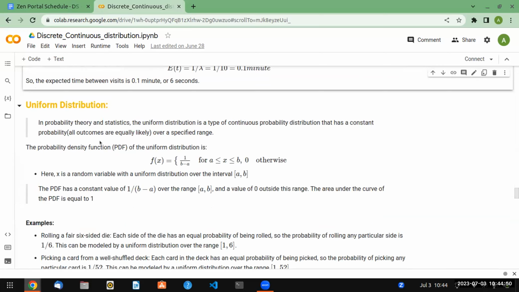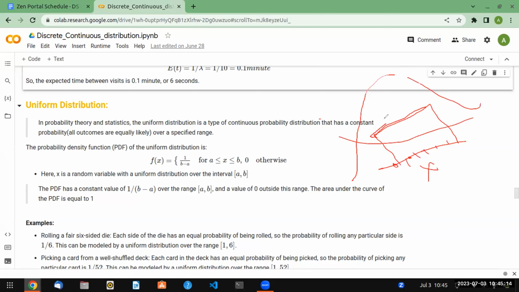Uniform means the probability of every random variable, that is the x-axis, will be the same. So if you plot this, it will look something like this. There is no deviation like this or this. Every probability is the same. This is called uniform distribution.